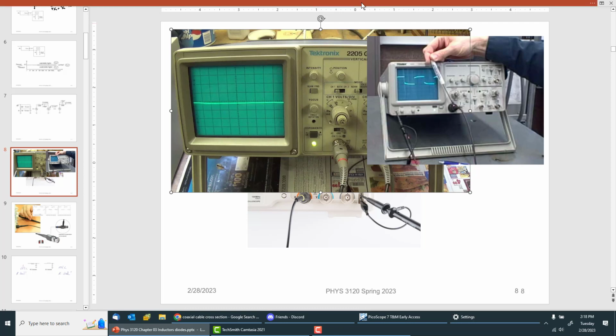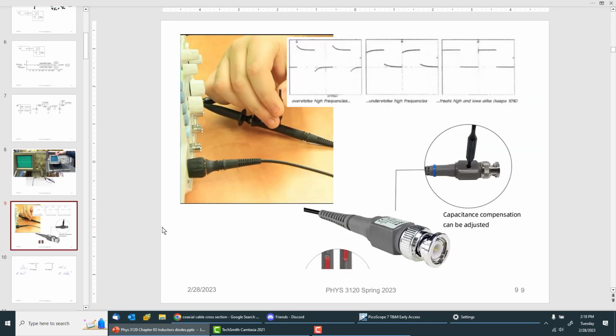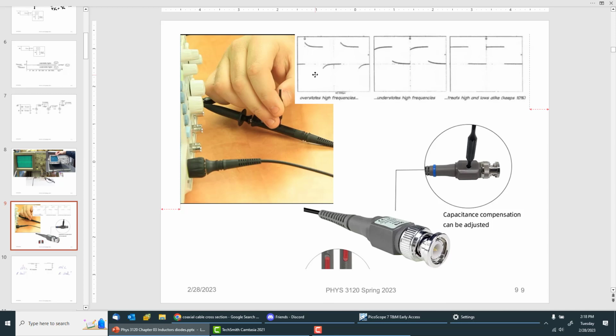So the black ones have a little opening in the side. Well, make a liar out of me. No, this one apparently does not. So anyways, some of them have an opening in the side, but most of them, if you look at the place that plugs in, you'll see a little hole in the side of it.